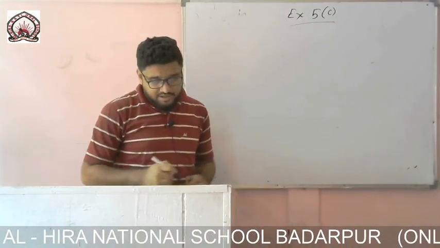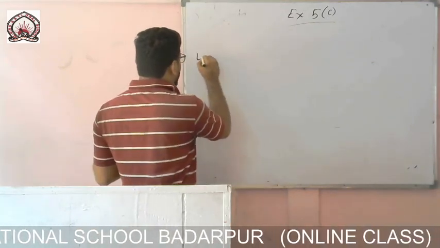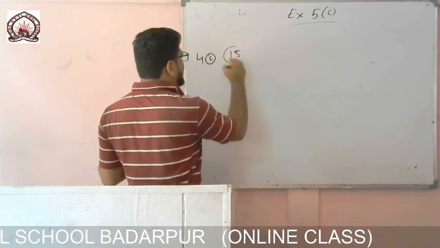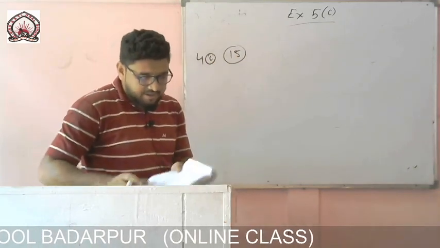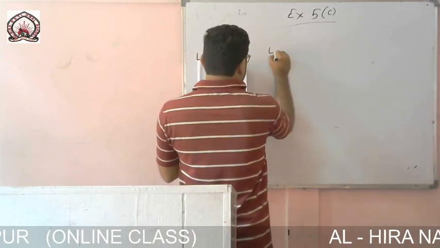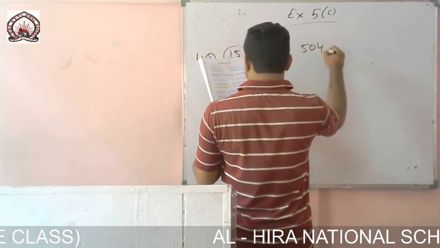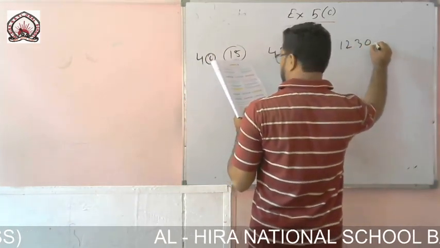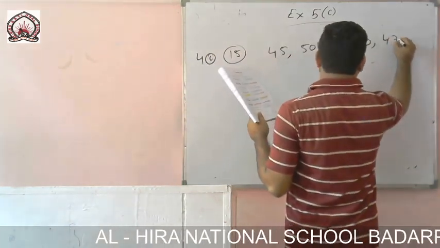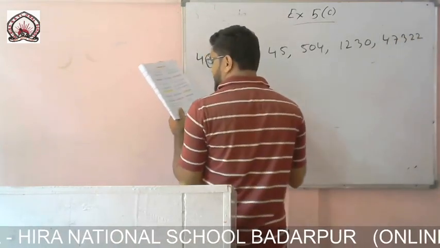So 4c, you have to check by 15. So what are the numbers given? 45, 504, 1230, 47322.